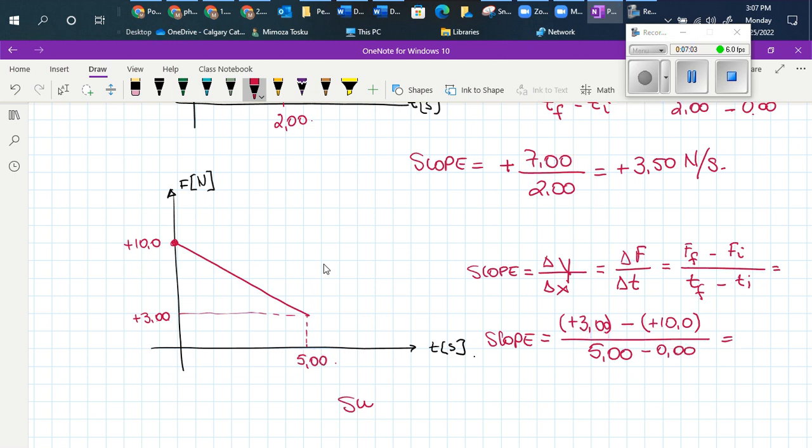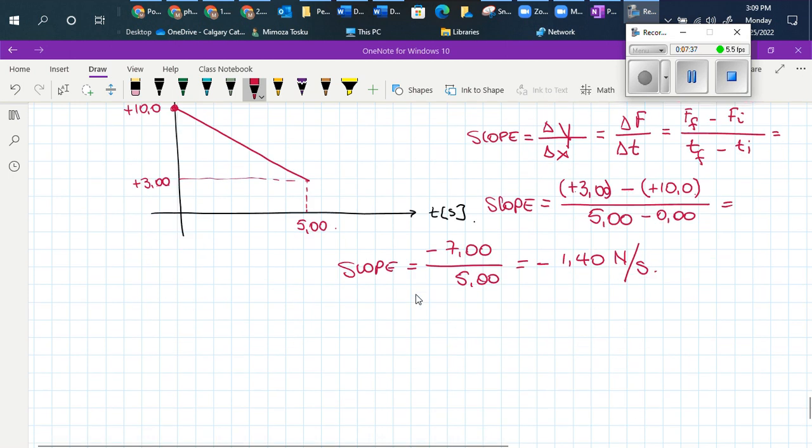So the slope for this situation is what we were expecting, because positive 3 minus positive 10 will be negative 7.0 over 5, and 7 divided by 5 will be negative 1.40. And again, the units are newtons over seconds.